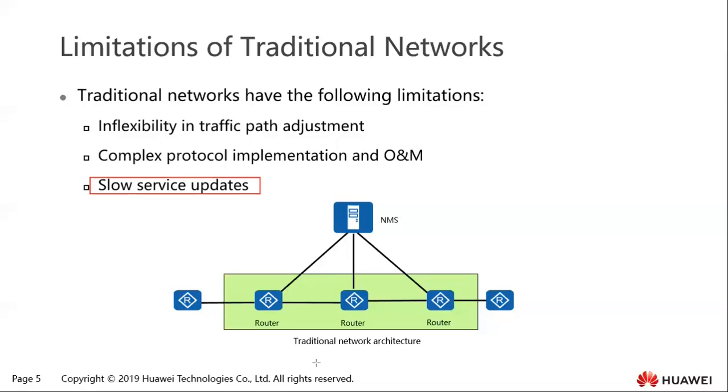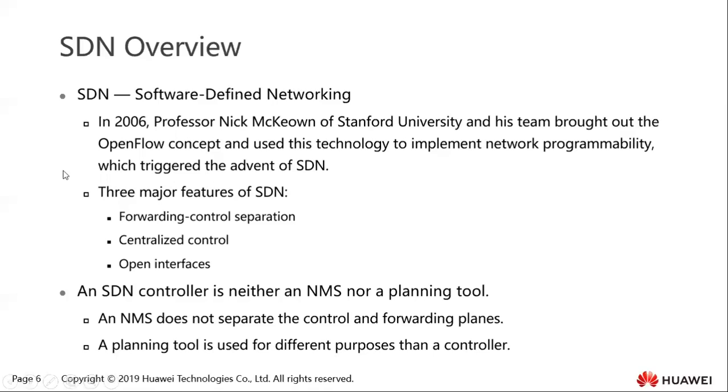For example, if you want to incorporate a new router into this particular network architecture, it is really involving, because of even these other two disadvantages. Additionally, software upgrades need to be performed on every device, which also greatly reduces what we call work efficiency. So those are some of the problems with slow service updates.